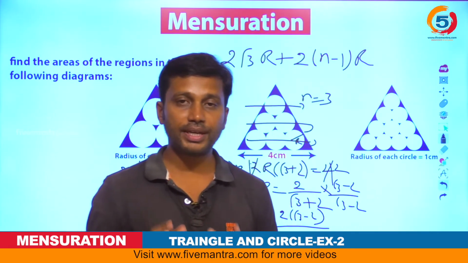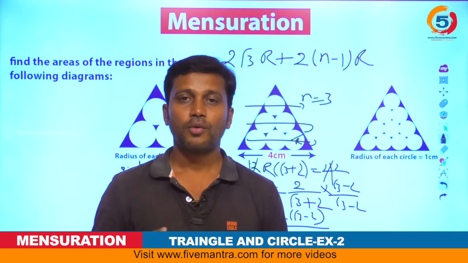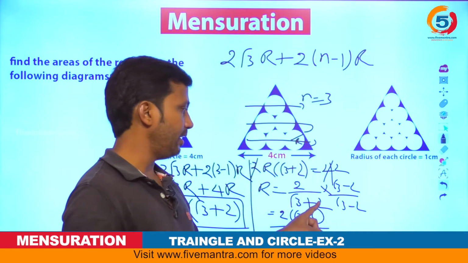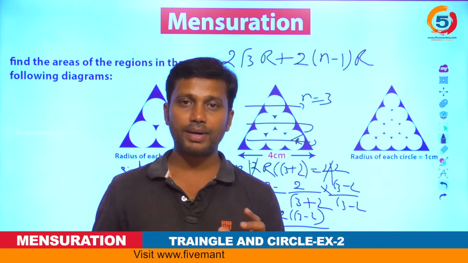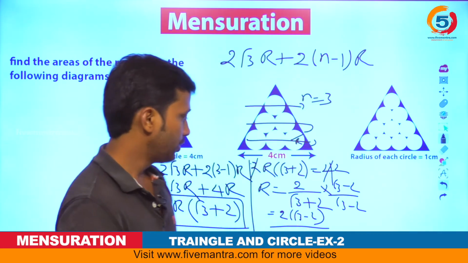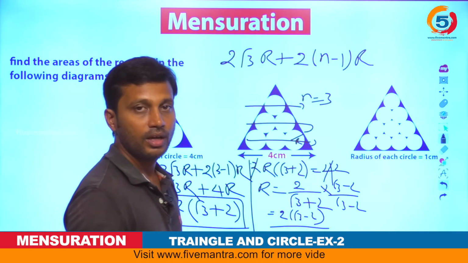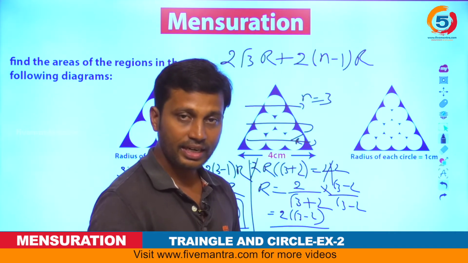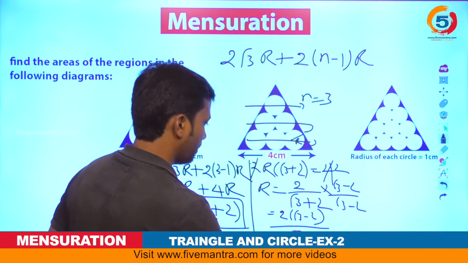It's an algebraic identity: a plus b into a minus b, which can be further written as a square minus b square. So a square minus b square means root 3 square minus 2 square. Root 3 square would be 3, 2 square would be 4, 3 minus 4 would be minus 1.